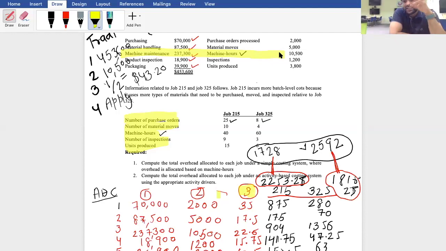But in activity-based costing, any kinds of activity involved in the manufacturing process will be used to allocate the overhead cost. So this is the idea behind allocation of activity-based costing and traditional costing.